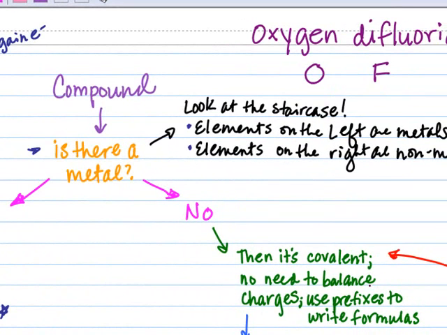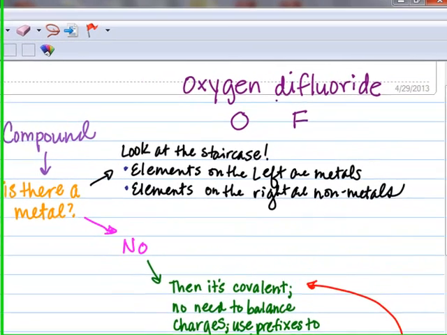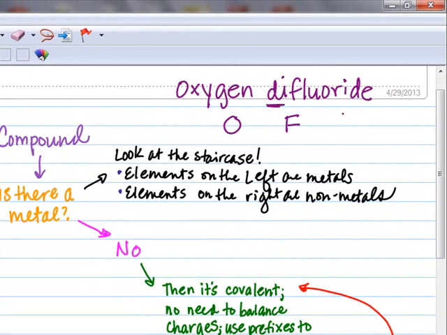That means that we don't need to balance the charges. Instead, we need to use prefixes to write the formulas. Well, oxygen is just one oxygen, and the di before the fluoride means 2, and you can find that on your periodic table. So our formula for oxygen difluoride is simply OF2.